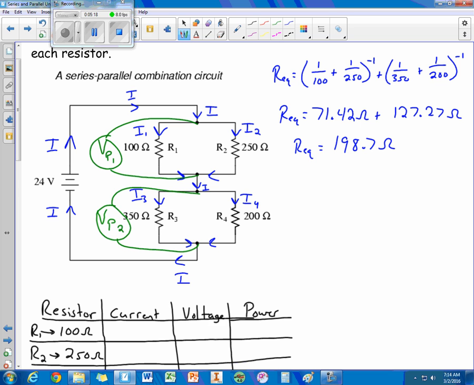Now, if I were to give these names, I might call them RP1 and RP2 for parallel, because there are two sets of parallel resistors. Now that I have the equivalent resistance, I can calculate my main current I.